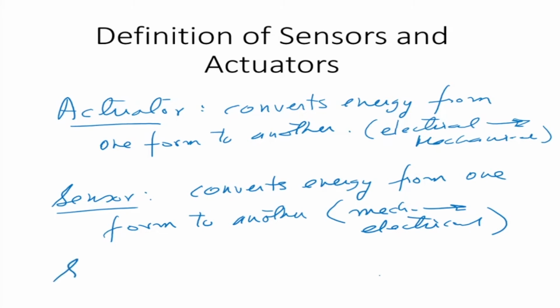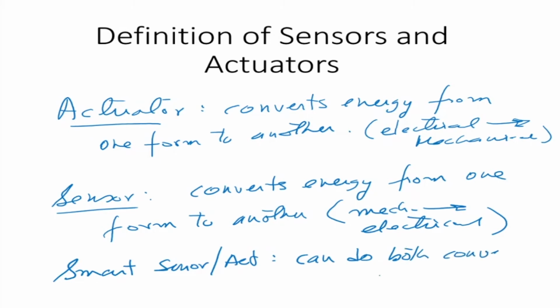Now, what is a smart sensor and actuator then? What is smart? This is a term very commonly used for sensors or actuators. A smart sensor or actuator can do both conversions. This basically means that it can behave like an actuator or sensor as required, depending on what you want.